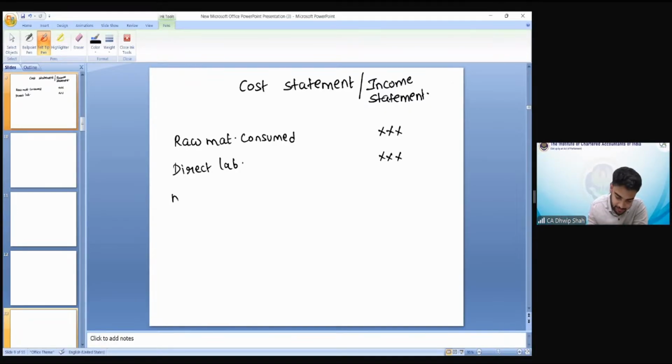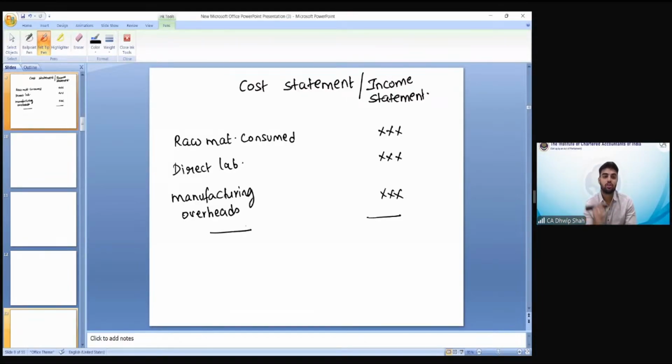Then we have direct expenses, called manufacturing overheads. The resultant figure was called gross factory cost as far as the cost sheet was concerned, correct? Let me write gross factory cost here.